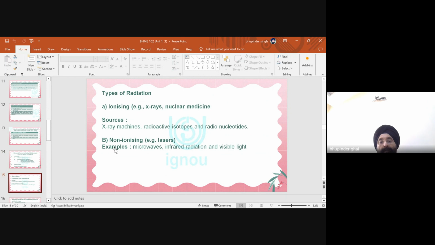But in case of non-ionizing radiation, there is simple vibration of the atom, but the electron does not come out of the atom. Ionizing radiations are like X-ray, nuclear medicine, alpha radiation, gamma radiation. Non-ionizing radiations are microwave, infrared radiation, and visible light. So they are also hazardous to the human body.